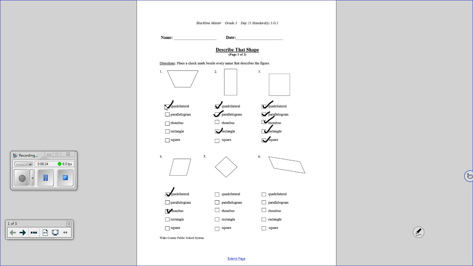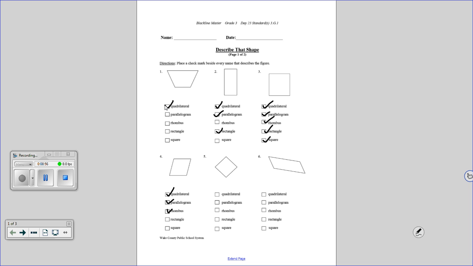No. Read the rules of rectangle. Read them out loud so we can check it off. Quadrilateral, check. Polygon, check. Two sets of parallel sides, check. Do I have square corners on a rhombus? So is it a rectangle? No. Jackson? It is a parallelogram.